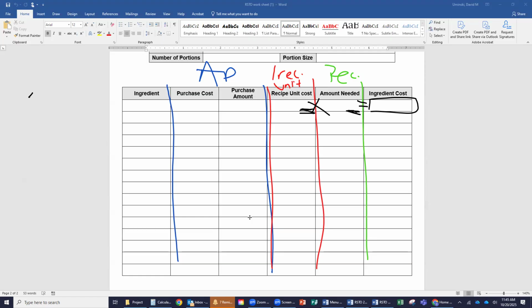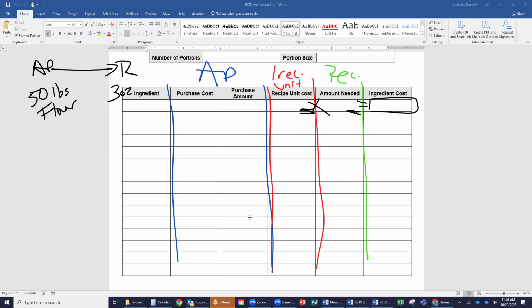Let's say we're looking at 50 pounds of flour. That's my AP to recipe. Let's say we're making a roux and we only need 3 ounces of flour.